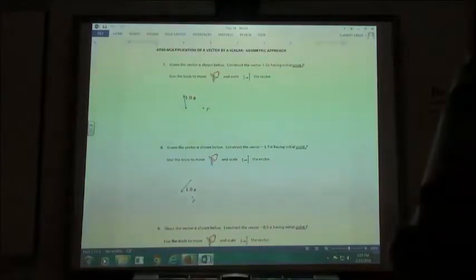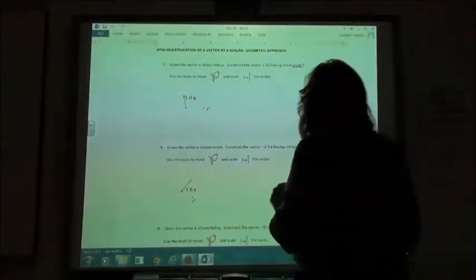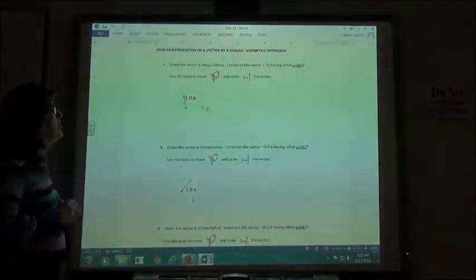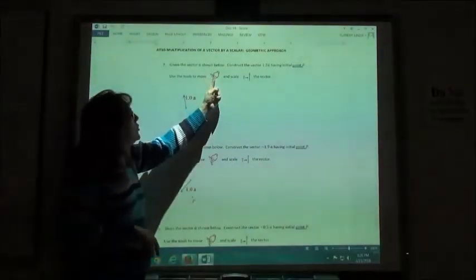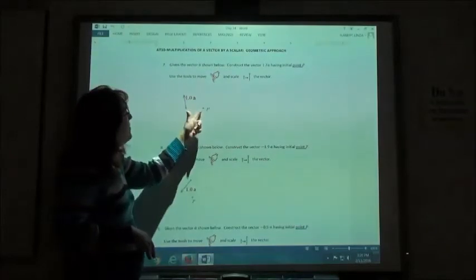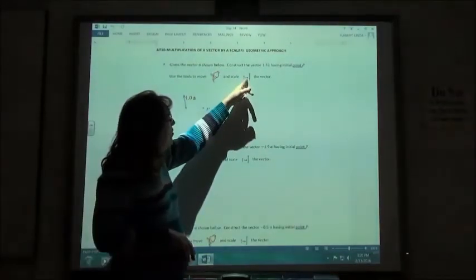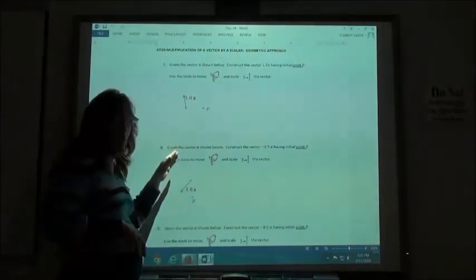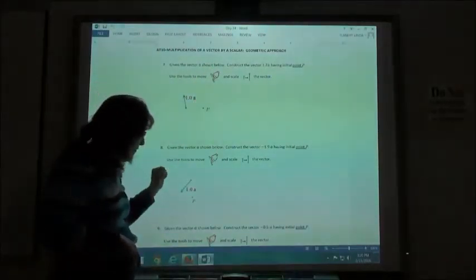Seven, 8, and 9, you're doing multiplication of a vector by a scalar using a geometric approach. You're going to do some construction. You're going to use this tool to move your vector to P, and then you're going to scale your vector using this tool and then moving it either forward to make it longer or backwards if it has to be negative.